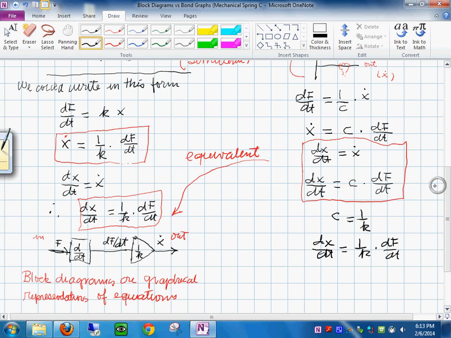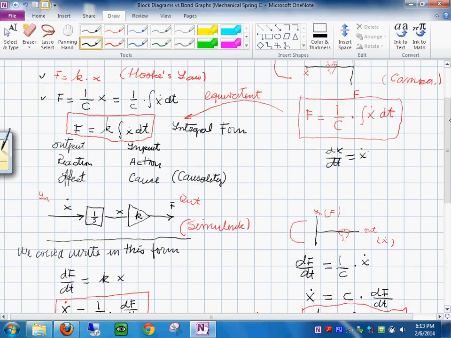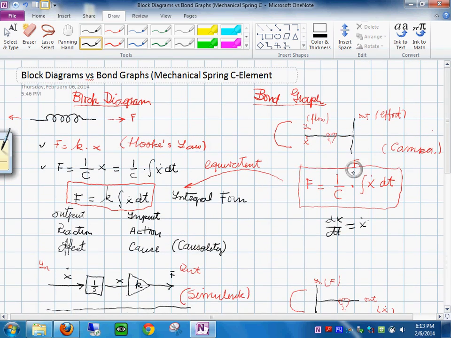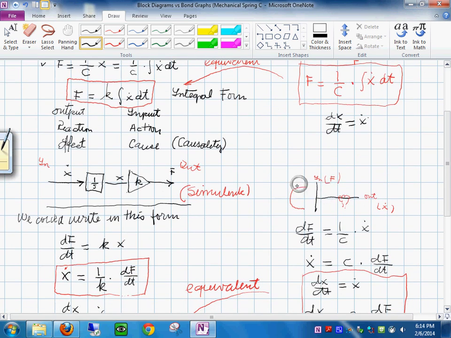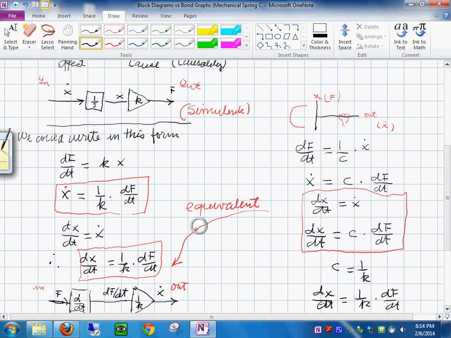So we have a complete equivalence between this integral form, this C element in the bond graph notation, and this block diagram, and this form of the C element is completely equivalent to this derivative form in the block diagram. I have shown you also that the equations are exactly the same.